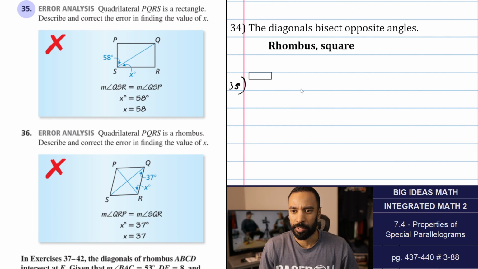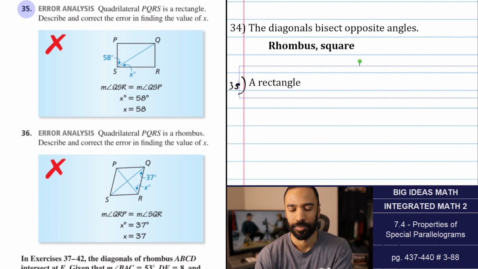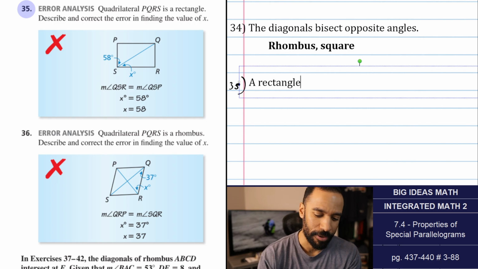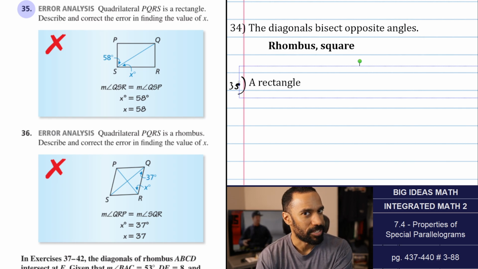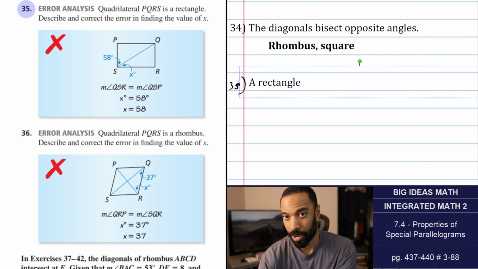So I'm going to type this one out as well. A rectangle does not have diagonals bisect each other. Diagonals are only congruent to each other. But a rectangle has 90-degree angle measures as well.